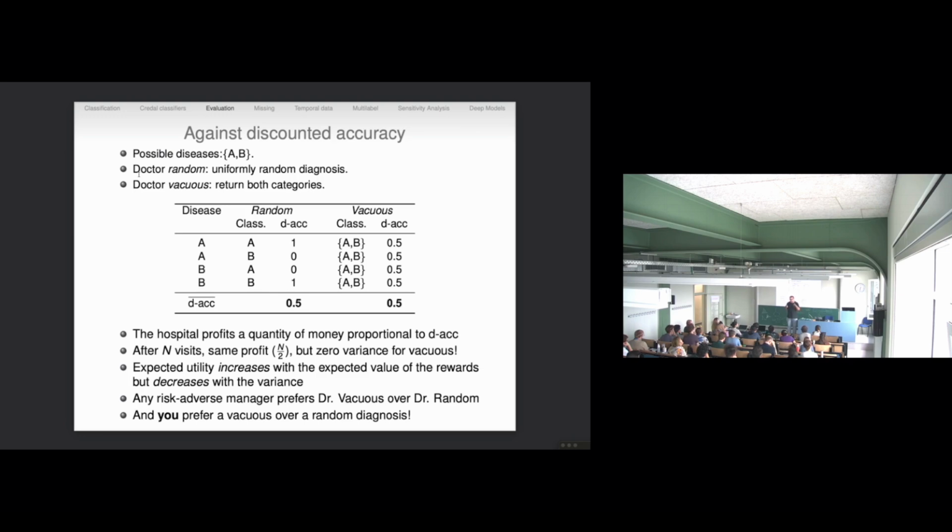My reason to prefer Dr. Vacus is the variance, because with Dr. Coin I have a lot of variance, because it can be 0, 1, 0, 1, 0, 1. The expected value is 1/2, but the variance is higher. With Dr. Vacus, basically I have no variance. And no variance is like saying that I don't want variance, I'm risk averse. And typically most people are risk averse, and that's why somehow I should prefer Dr.